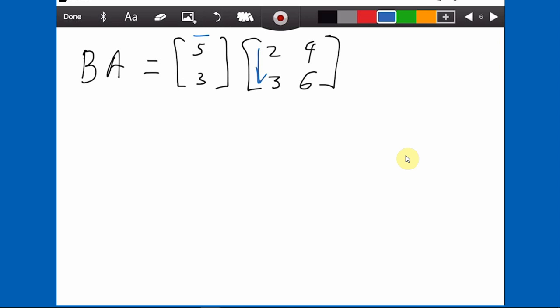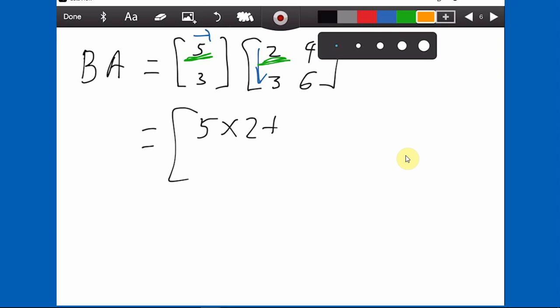That's okay, I can start with that because I can go 5 times 2. All right, no worries. 5 times 2 plus what? And now there's nothing here to multiply with this 3. So in this case, B times A is not possible.